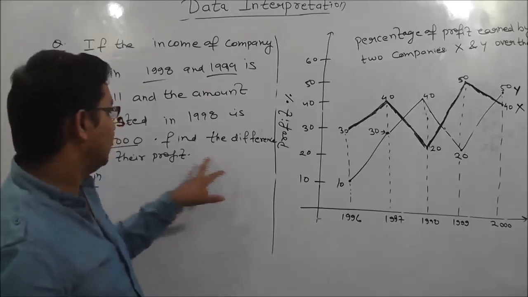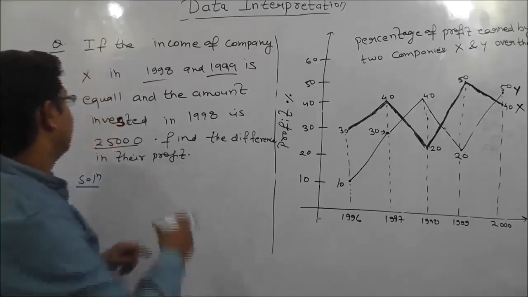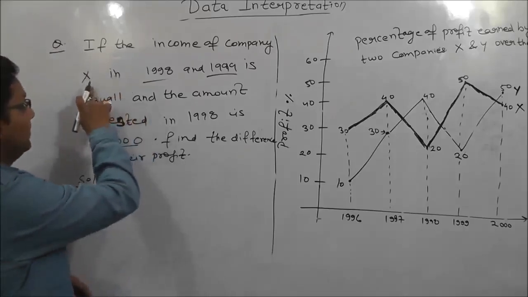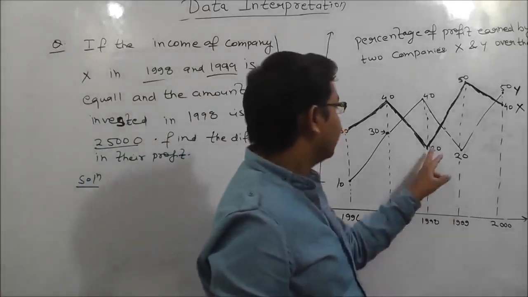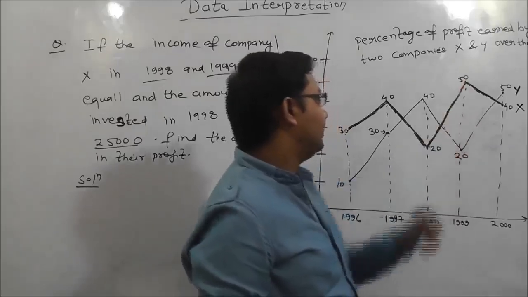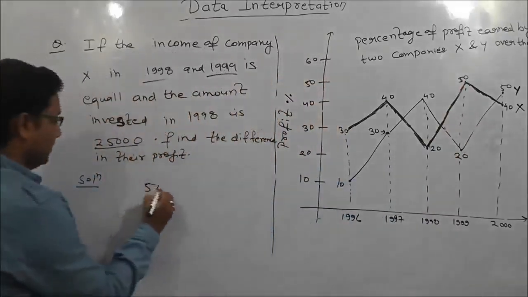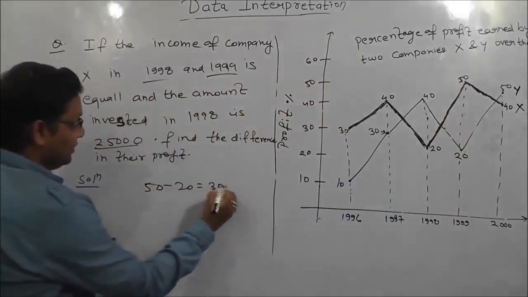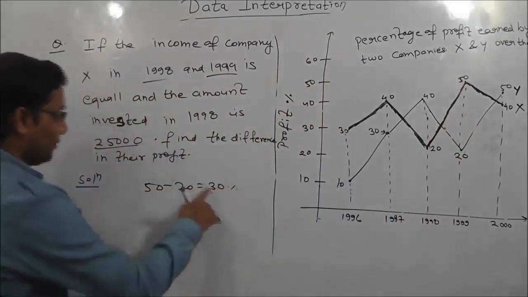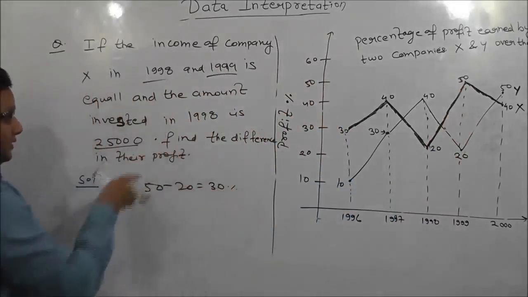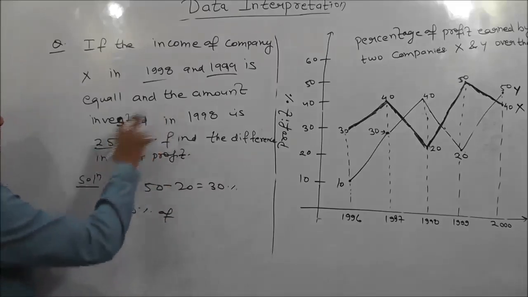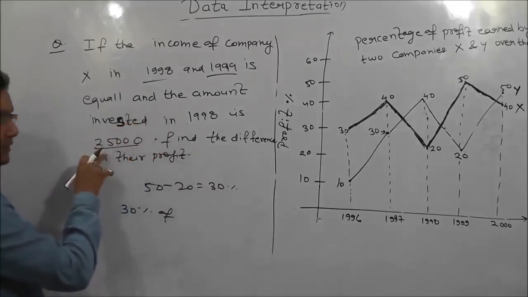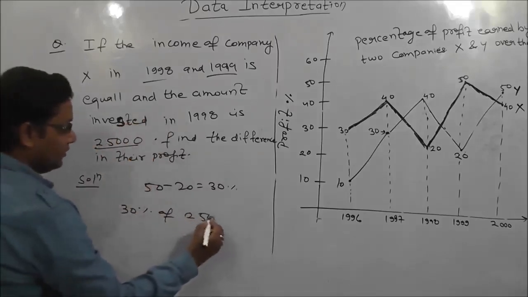For company X in 1998 and 1999, that is 20 and 50, so 50 minus 20 is 30%. The amount invested, that is expenditure, is 25,000.